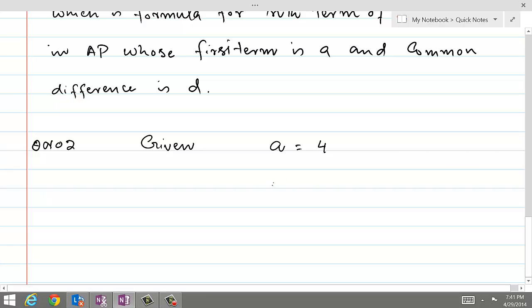That is given that it is equal to 1 by 2, and D is equal to 1 by 2. What we need to find out is AN.